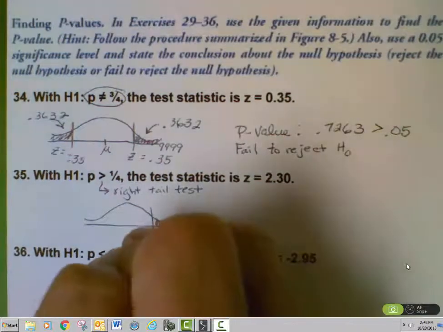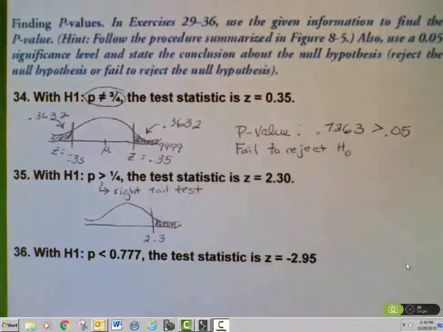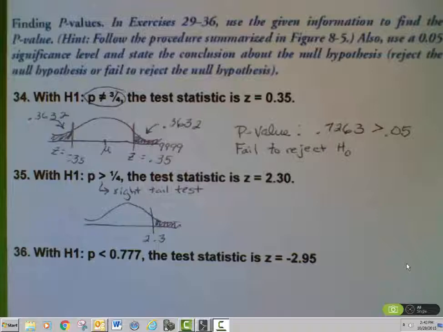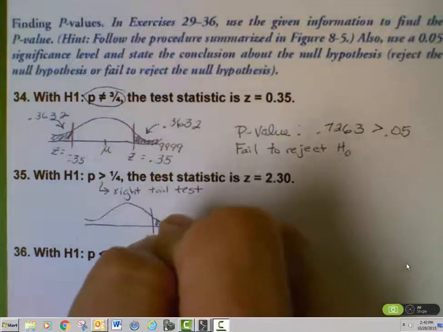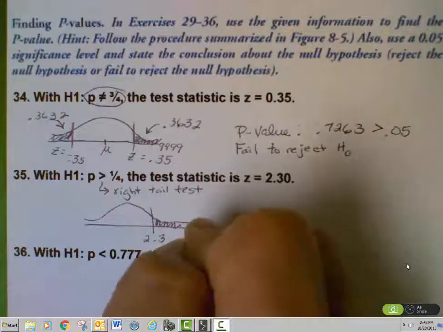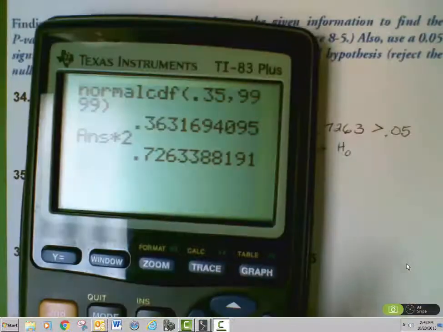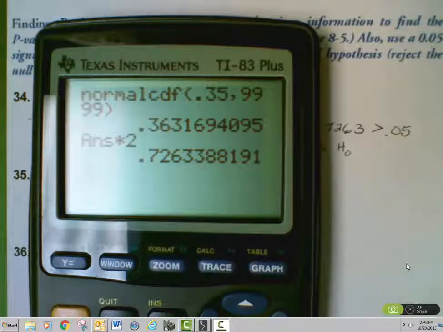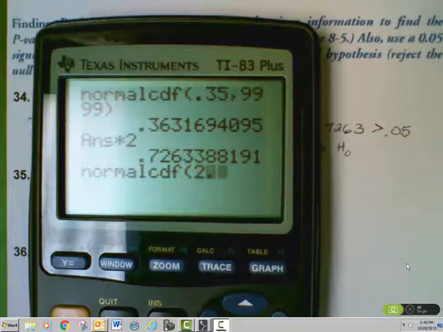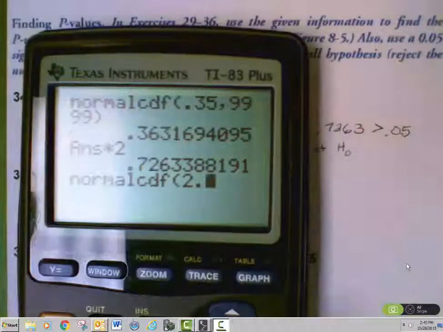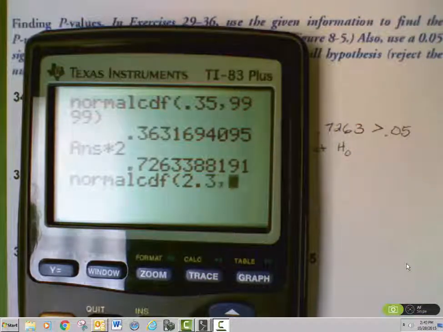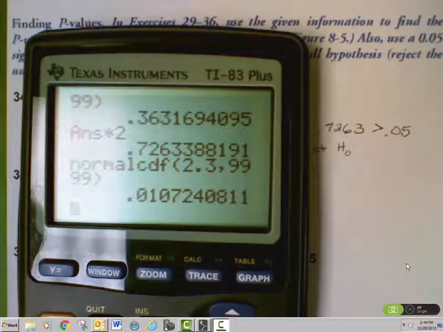The test statistic is 2.3. So I'm going to use normal CDF to find the area from 2.3 to 9999. That probability is 0.0107.